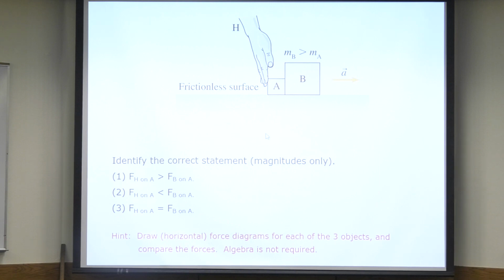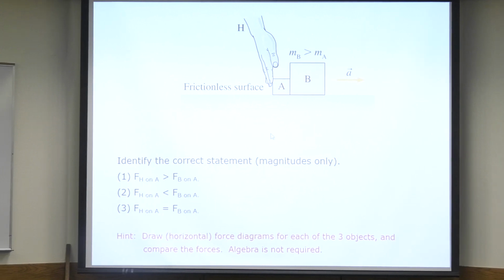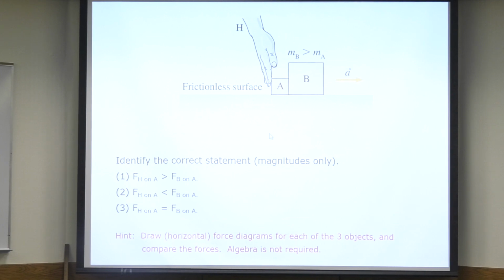Okay, let's talk about it. All right, so hand. What's the only force acting on the hand? A, right? A, this way. So it's a force A on hand, right? All right. What are the forces acting on A? Well, the hand is pushing it this way.